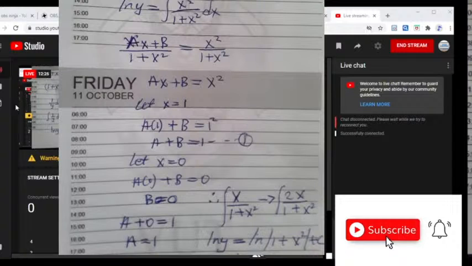Our b is 0, so we are going to have x over 1 plus x squared.